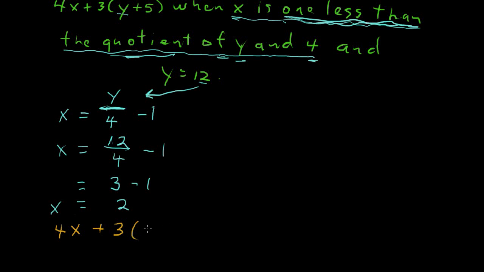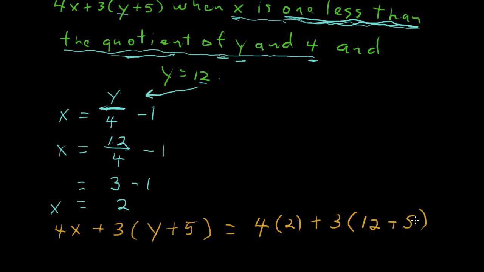So we have 4x plus 3 times the quantity y plus 5, we open the parentheses and close the parentheses. And now let's do the replacement. So this is going to be equal to 4, and we replace the x with 2, plus 3, and we're going to replace the y with 12, and then it has plus 5.